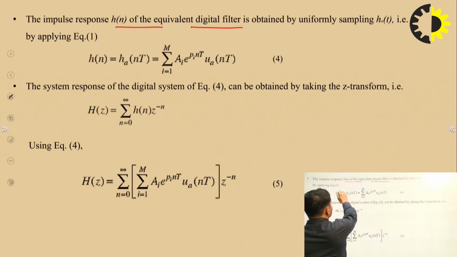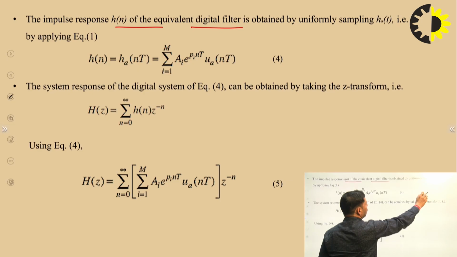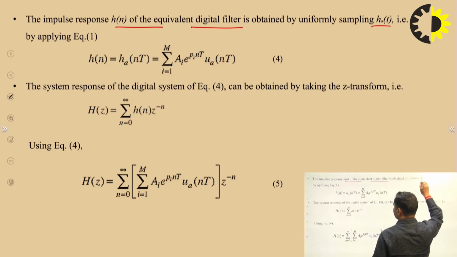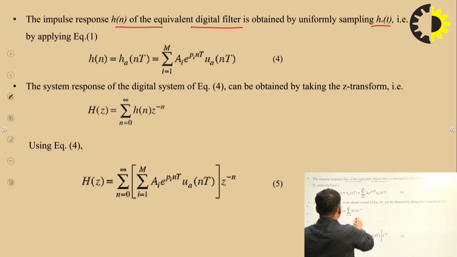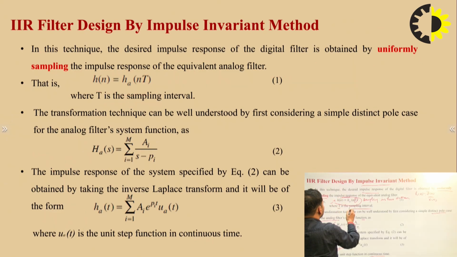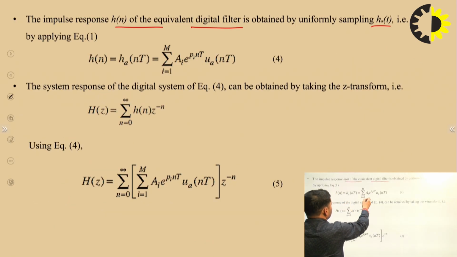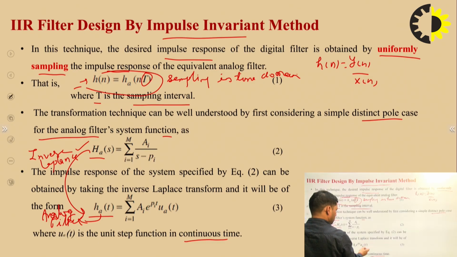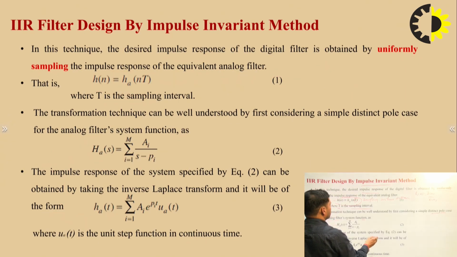The response of the digital filter is obtained by uniformly sampling h a of t, applying equation 1. That means in equation 3, t is replaced by n T.